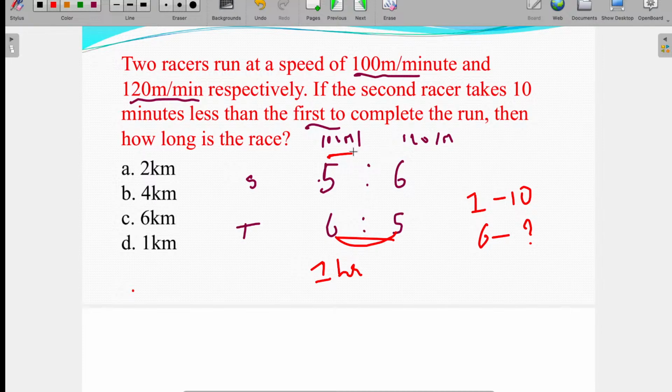How much will you get? 6, huh? Do it slow, no problem. Six, right?